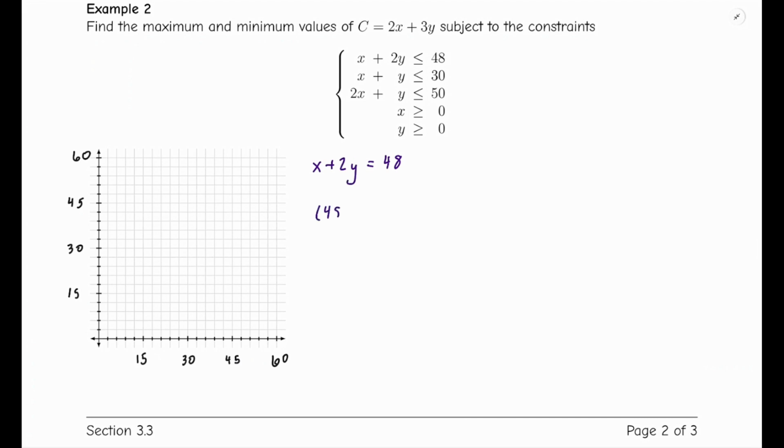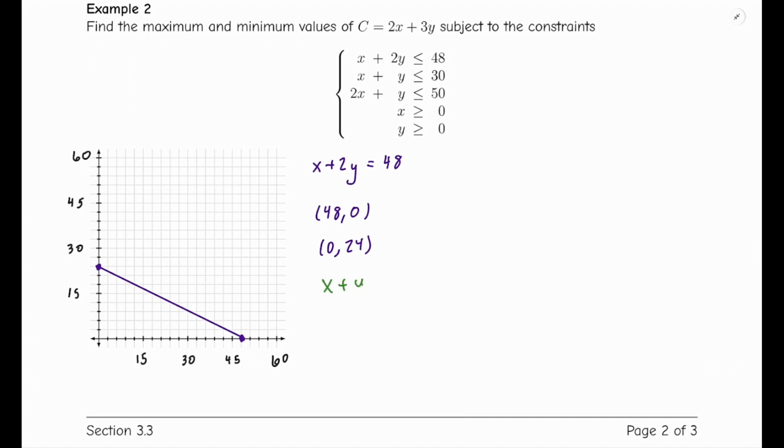So 48, 0. And if I cover up x, I have to divide by 2, but we get y is 24. So 0, 24. So 24 would be there, and 48 would be there. So there's that boundary line.